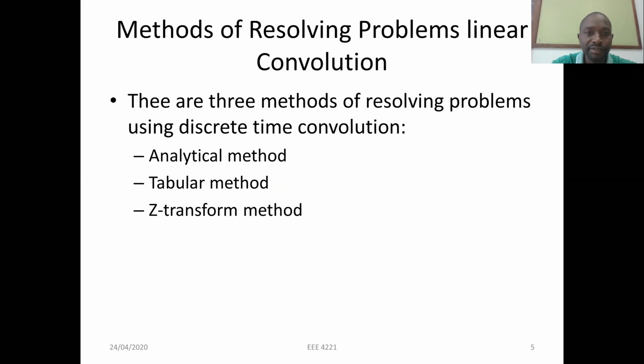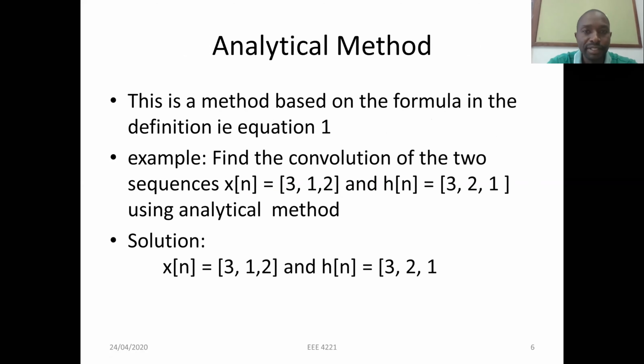The three methods include the analytical method, the tabular method, and the Z-transform method. In the next slides, we'll look at each of these methods in some detail. Let's begin with the analytical method. This is a method based on the formula which we defined in equation 1.